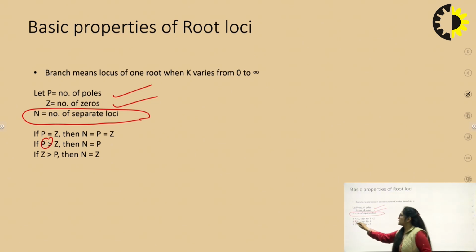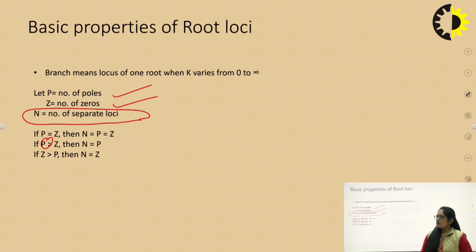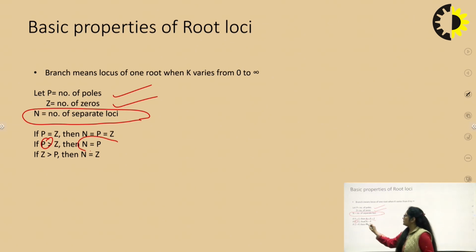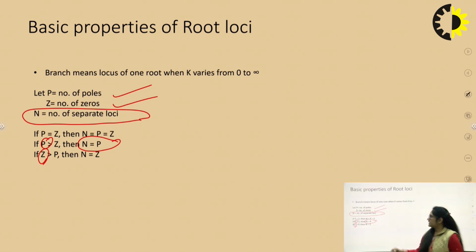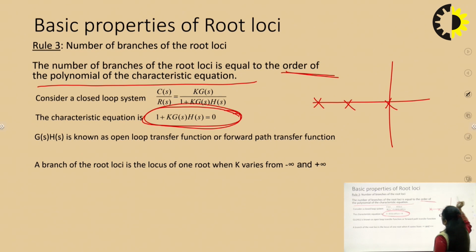If poles are greater than zeros, then the number of loci will be equal to the number of poles. In case the zeros are greater than poles, then the number of loci will be equal to the number of zeros. Therefore, as said, the number of branches of the root loci is equal to the order of the polynomial of the characteristic equation.